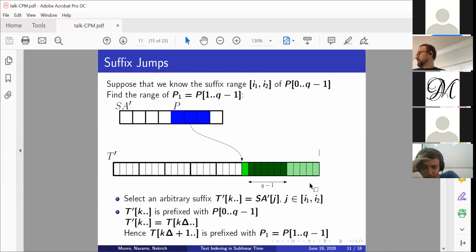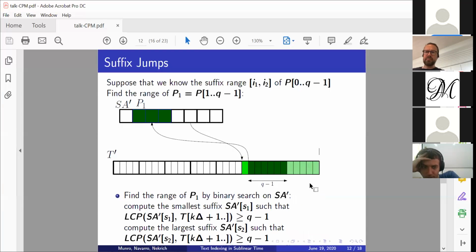Therefore, what we need to do is identify the range in SA prime of suffixes that start with the same pattern P1. This will be the largest range of suffixes such that the LCP of the suffix and the dark green suffix is at least q minus 1.